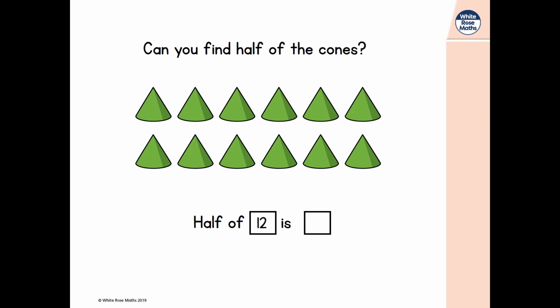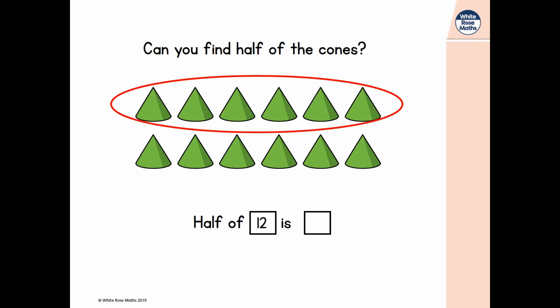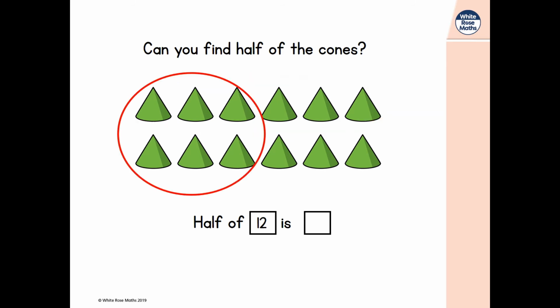Let's draw a circle around them. Did you do it like this? Oh, yes, there is another way. We could show half like this. Whichever way we show it, we can see that half of 12 is 6. Well done.